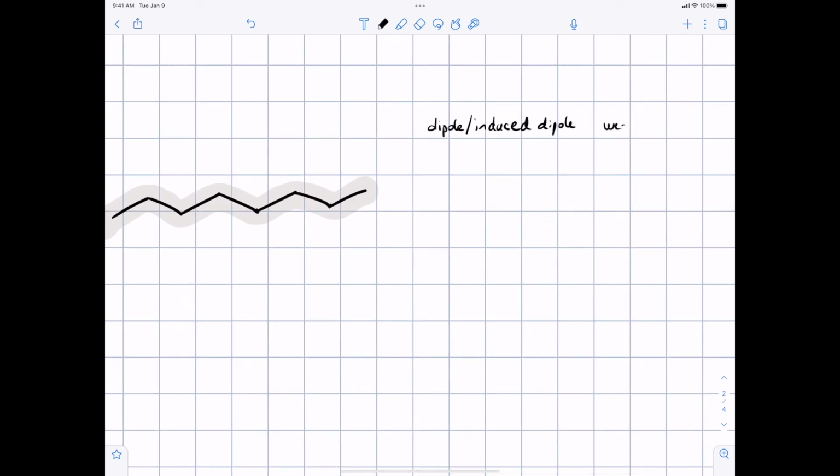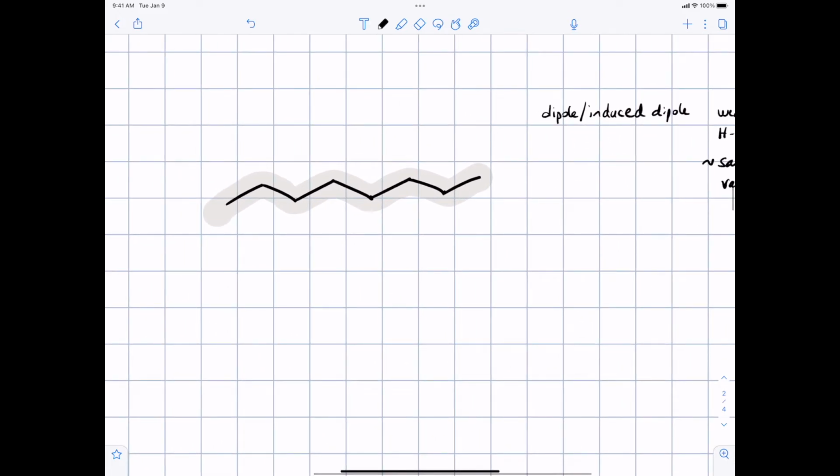They're going to be weaker than hydrogen bonds, and about the same as the van der Waals interactions between individual octane molecules.